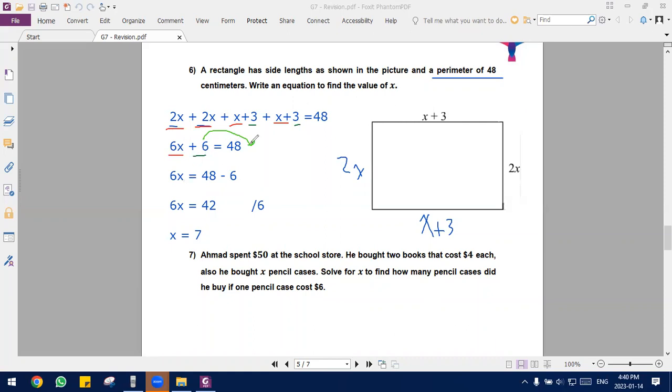When I take 6 to the other side, it will be minus 6. So 6x equals 42. Now I divide the whole equation by 6. Here, 6 over 6 will cancel, and here 42 over 6 will be 7. So x equals 7. And this is the answer. It says find the x value.